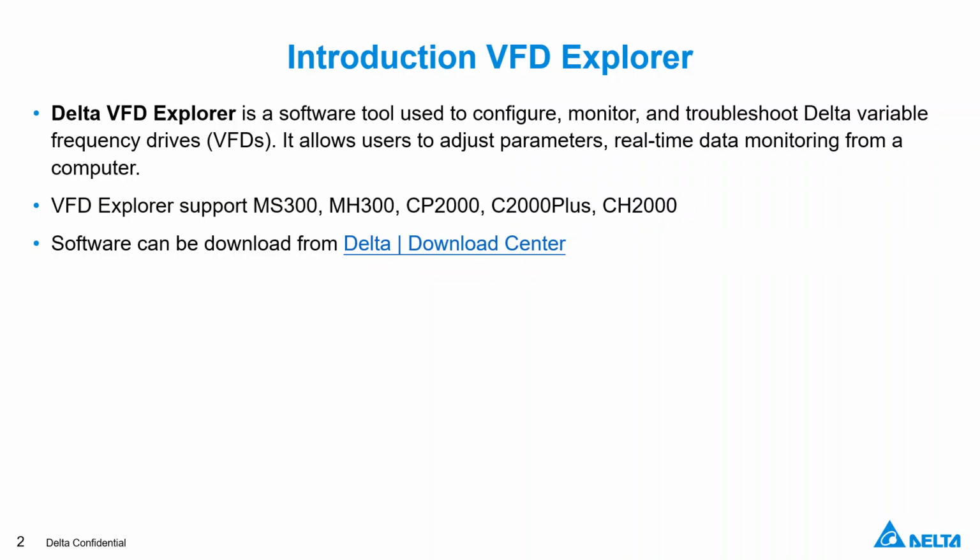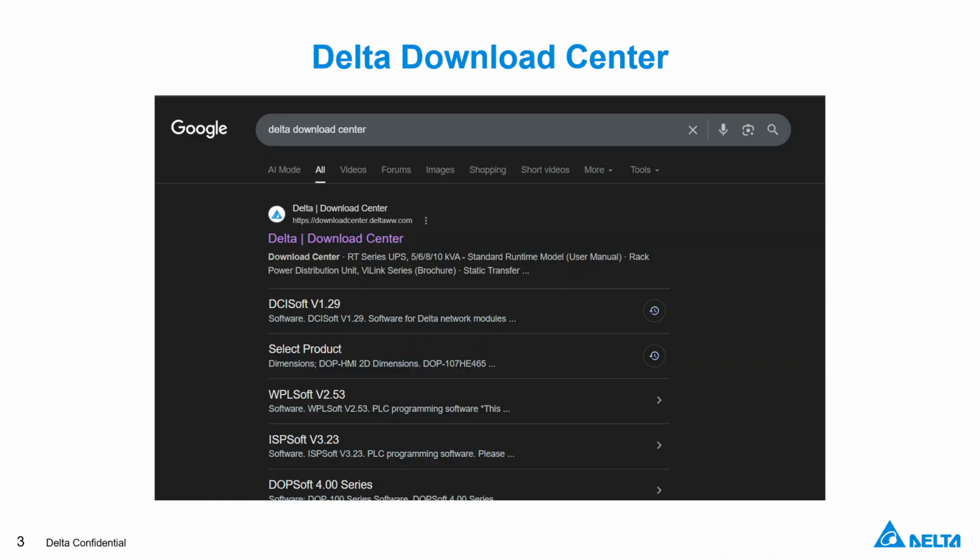VFD Explorer supports MS300, H300, CP2000, C2000 Plus, and CH2000. The software can be downloaded for free from the Delta Download Center website. So you can just click the link or search Google for Delta Download Center.